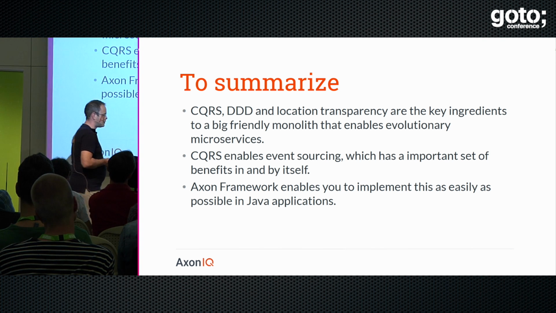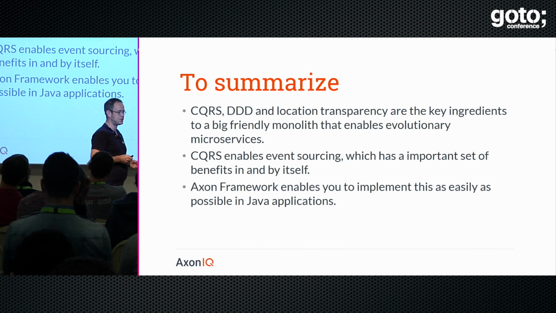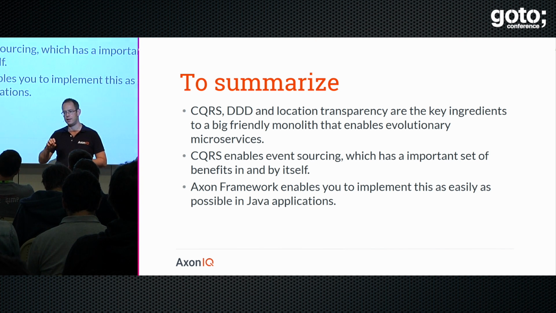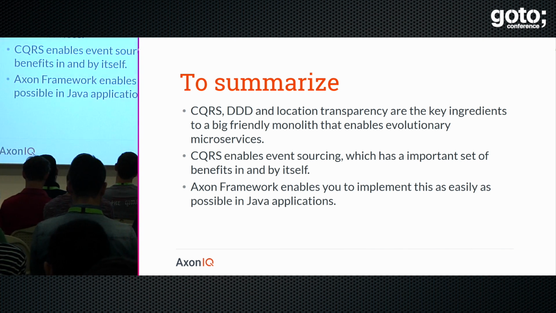So to summarize, we believe that this concept of CQRS and potentially event sourcing and DDD are really important ingredients into having these evolutionary microservices, and helps you to get started quickly but not end up in the big ball of mud scenario.